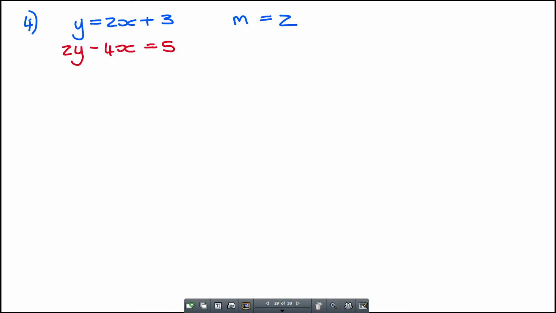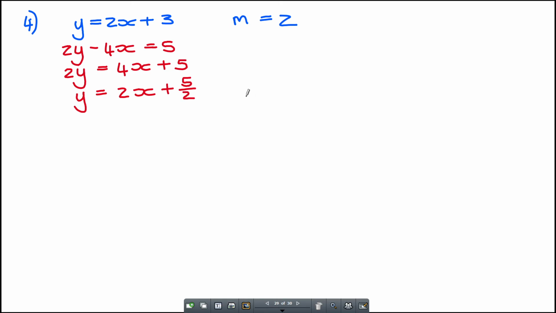Let's just get that. Nou sien, hier moet jy hom gaan sit in sy oorspronklike formaat, sodat ek kan sien wat my gradient is. So I'm going to say 2y is equal to positive 4x plus 5. Dan wil ek ontslaa raak van daai 2 wat vooraan is. So ek gaan alles gaan deel deur 2. Dan lyk hy so.